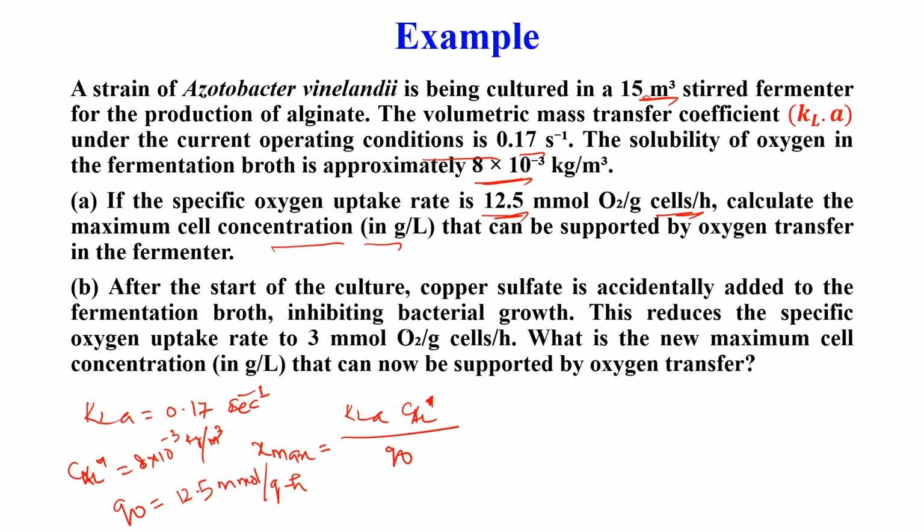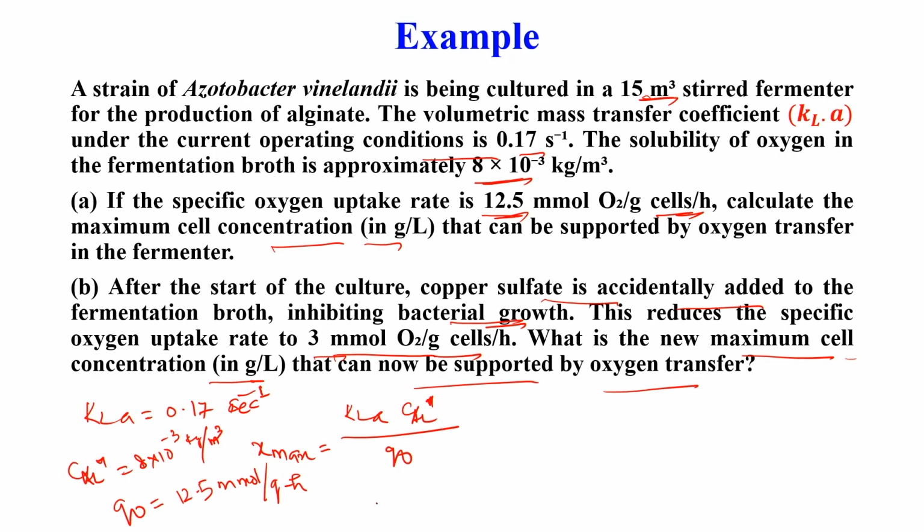Now, for part B it says after the start of culture, copper sulphate is accidentally added to the fermentation broth, which is inhibiting the bacteria growth. Inhibiting the bacteria growth means it is reducing the oxygen uptake rate. So, now it has become only 3 millimole oxygen per gram cell per hour. Then what will be the new maximum cell concentration that can now be supported with the same oxygen transfer.